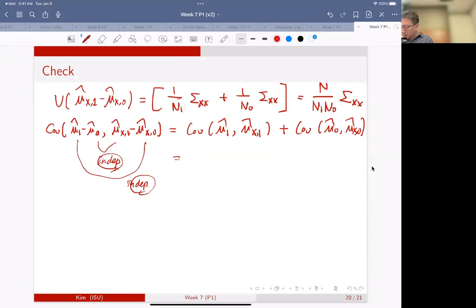So this guy is 1 over n1 sigma 1x plus 1 over n0 sigma 0x.